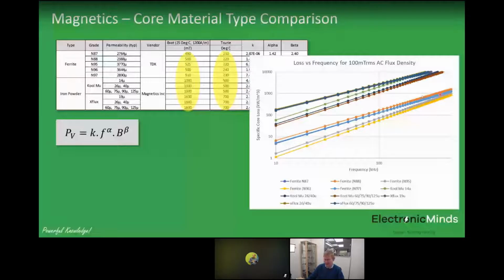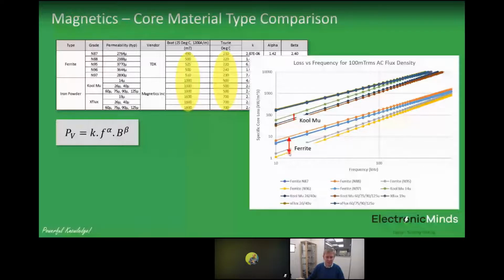Now, it's a bit difficult to see on the plot here. So firstly, if I put some arrows on, you can see the lowest loss. A low figure here would give you the lowest core losses. Ferrite is by far the lowest specific core loss for a given operating point.